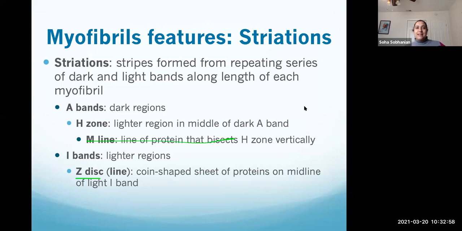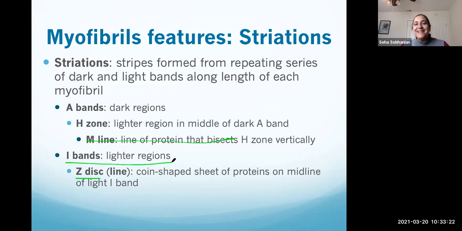A band, right? Because it's thicker, so it's going to be darker under the microscope. So that means your I band would be forming what? Your light band, right? Literally, all you need to do is read this.